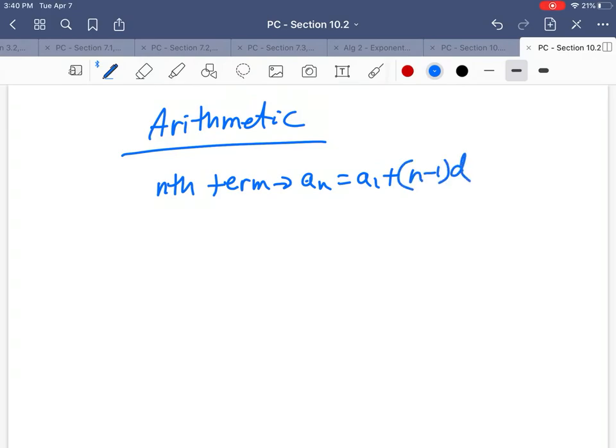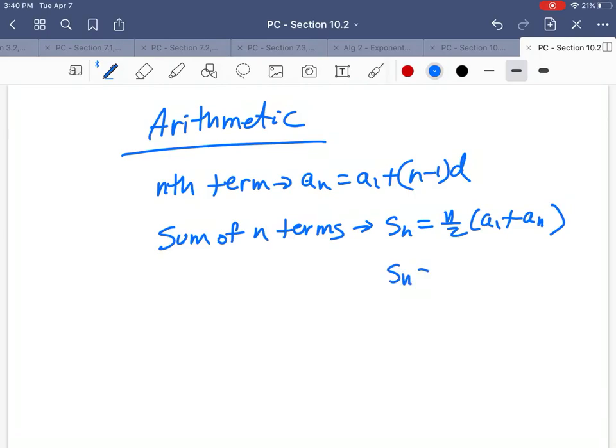Then you have the sum formula, the sum of n terms. You have two formulas: Sn equals n over 2 times a1 plus an, and you also have Sn equals n over 2 times 2a1 plus n minus 1 times d. So you could use any of those. All right, and that is it.